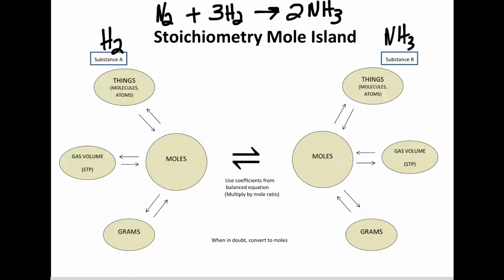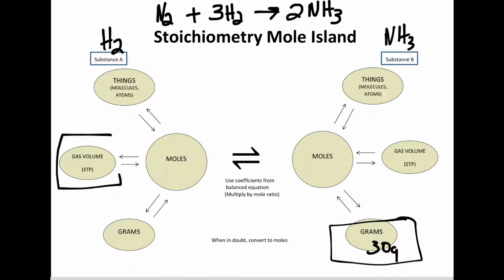And we're starting with 30 grams, so let's put that right on our map. 30 grams is where we're starting, and we want to end up with how many liters, which is volume of gas, of hydrogen gas. So our map is going to look like this.